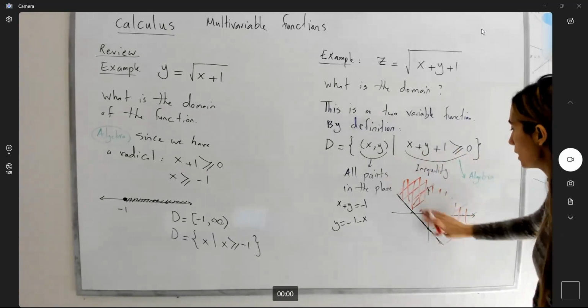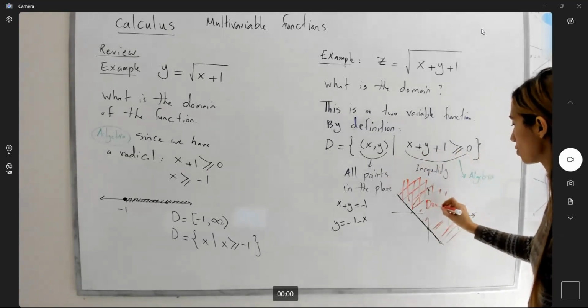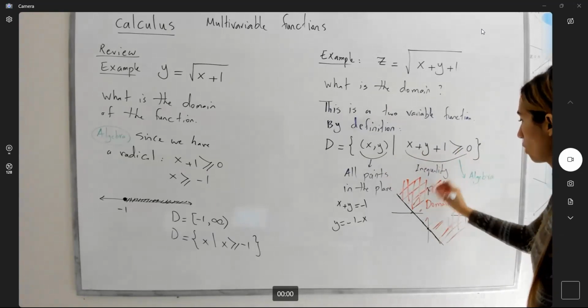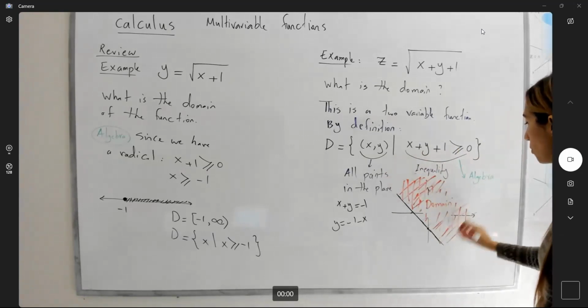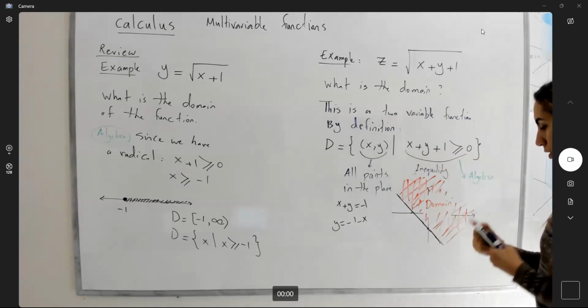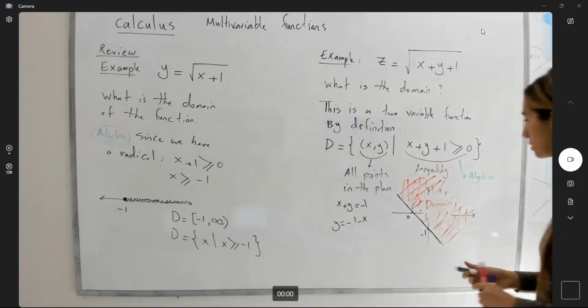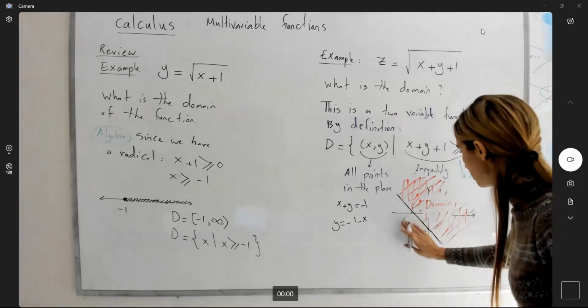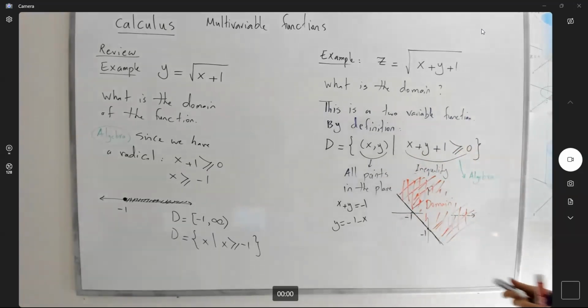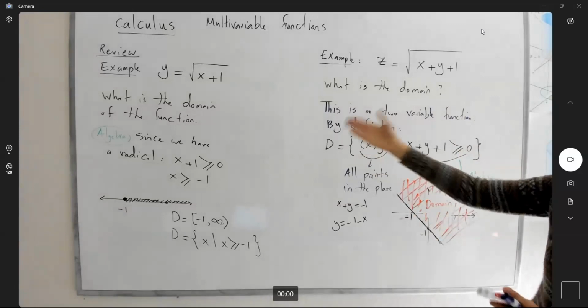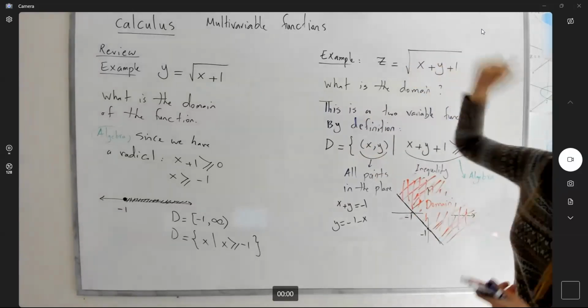This is the domain of this function, all of these points above the line. Now remember that this is just -1, and this is -1 and 0. Perfect, we just visualized the domain of this function.